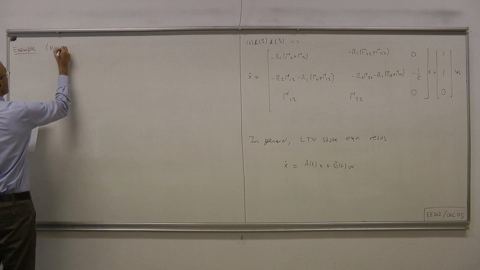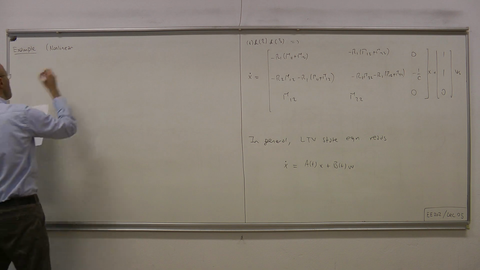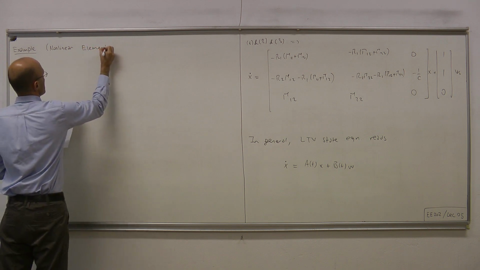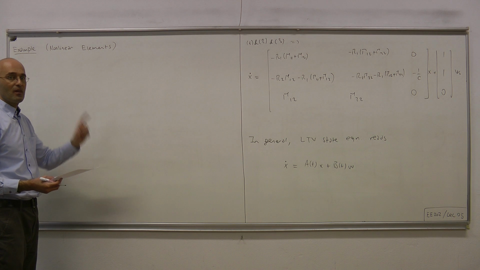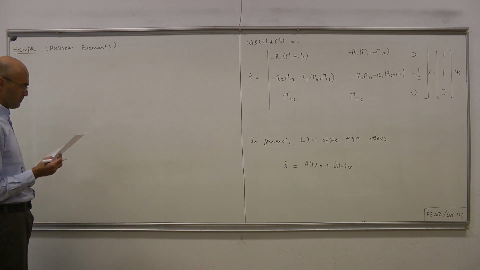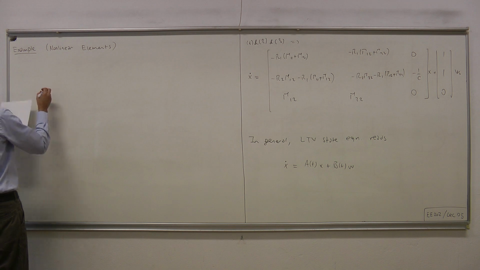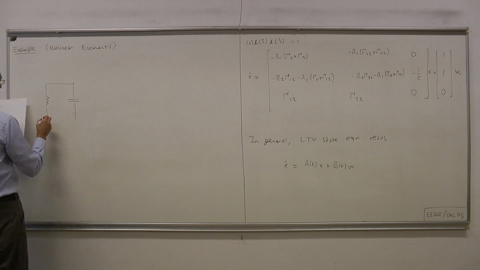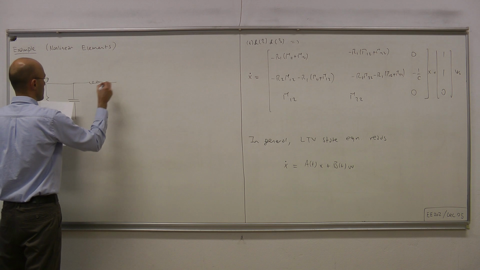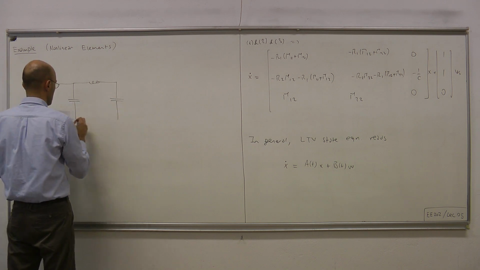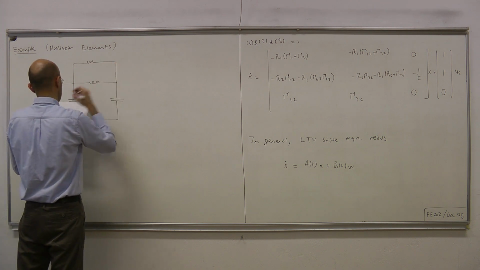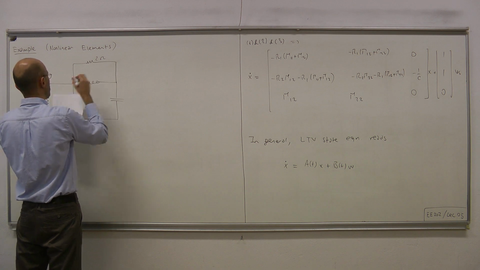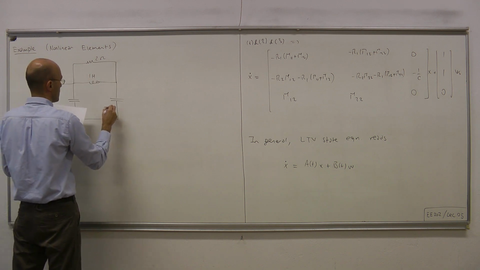This time we have a nonlinear circuit, okay, which by definition is a circuit that contains at least one nonlinear component. Okay, so this is the circuit. Ohm, 1 Henry, 2 Farad.